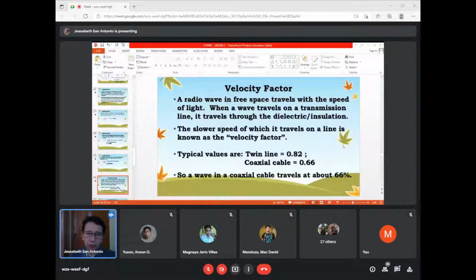So the slower speed at which it travels on the line is known as velocity factor.